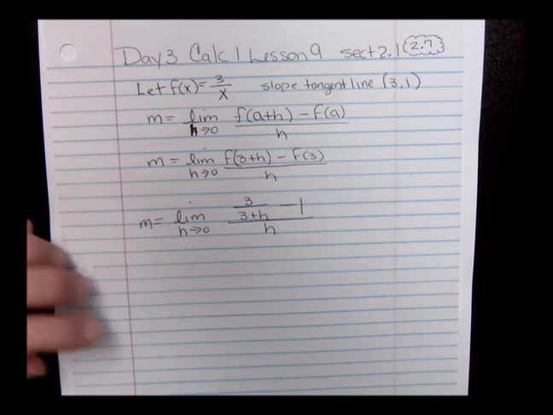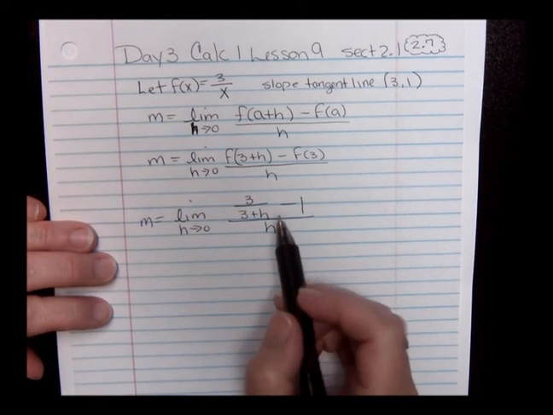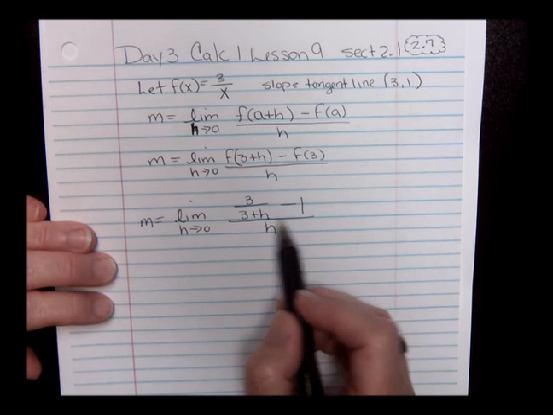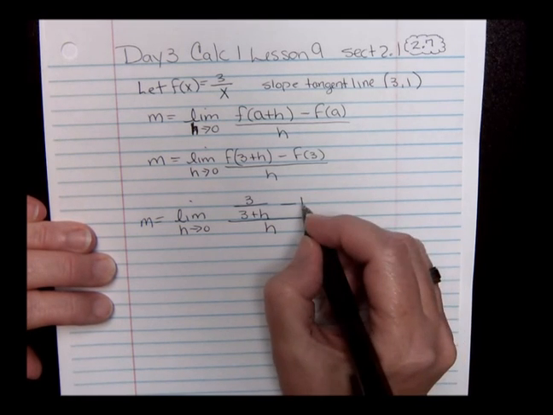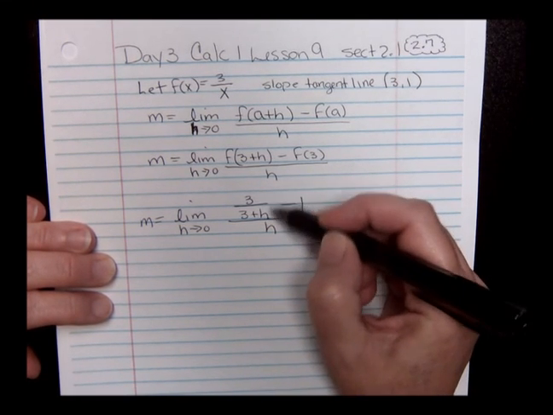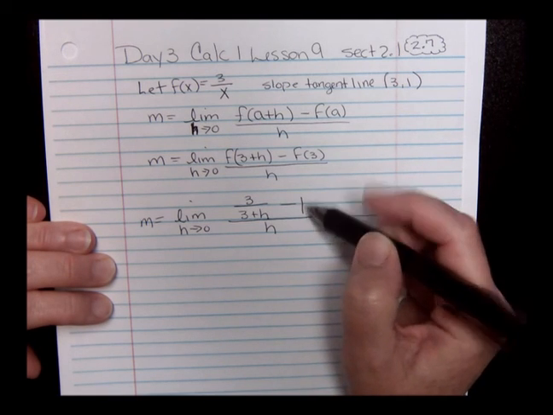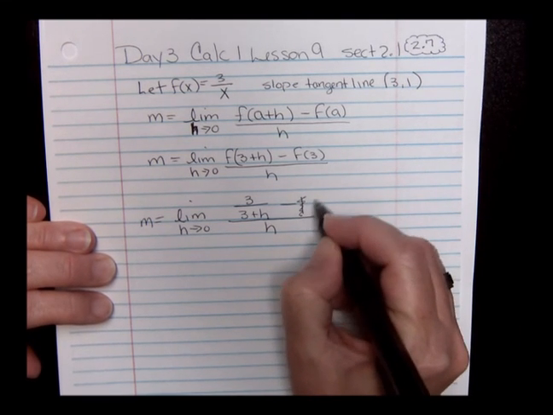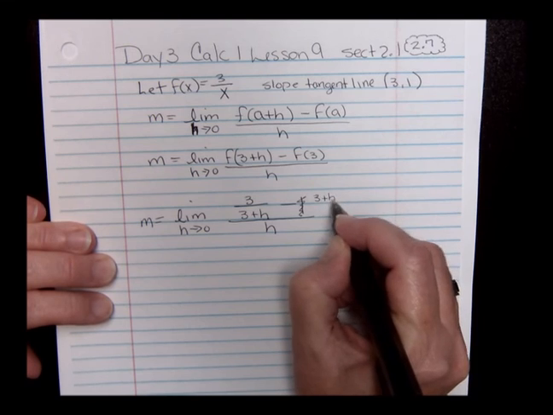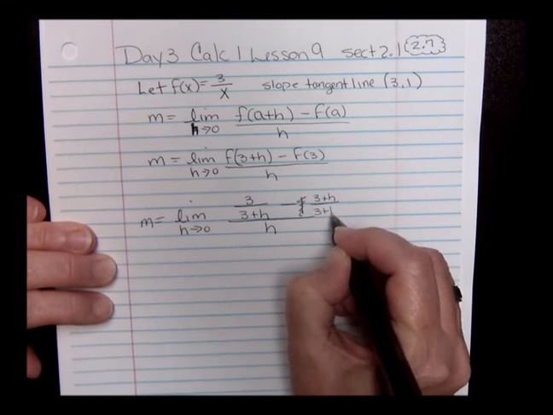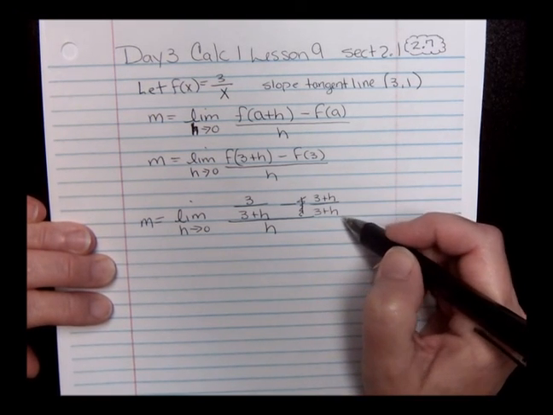Now I need to combine these two. So in order to combine these two, I need to change this 1 to be a value with a common denominator. So this 1 then is going to become 3 plus h over 3 plus h. Anything over itself is 1.